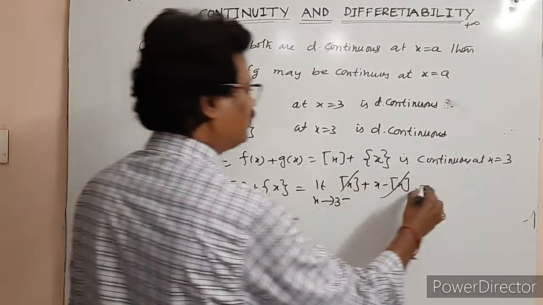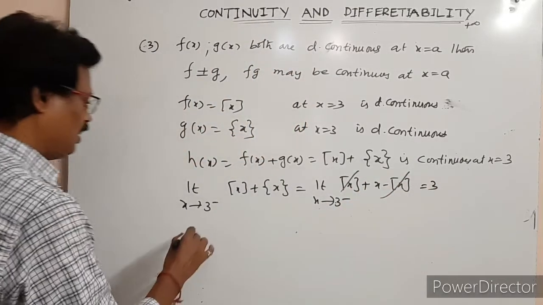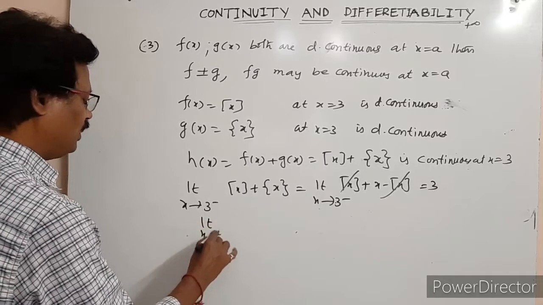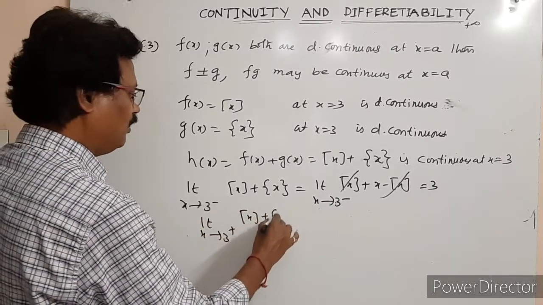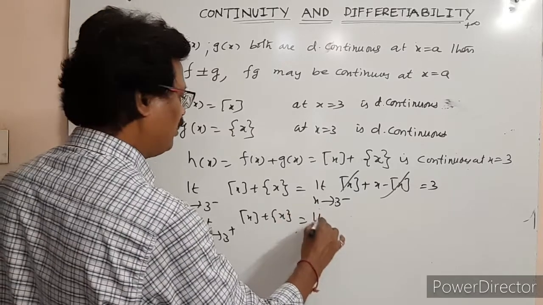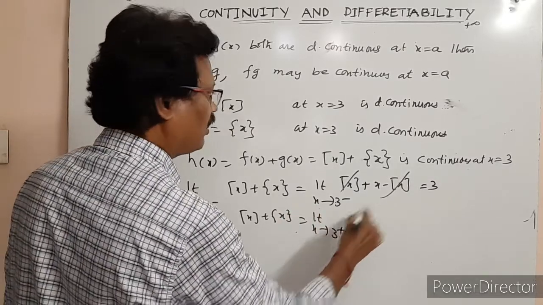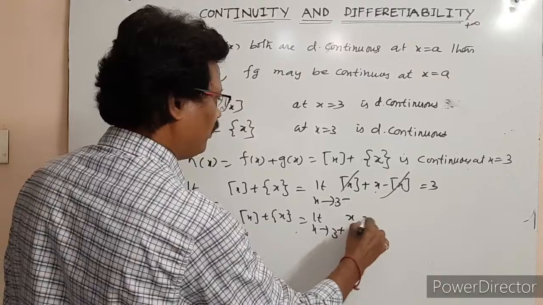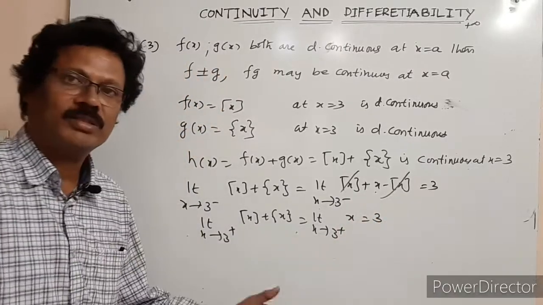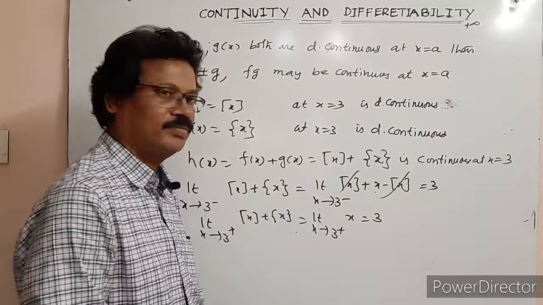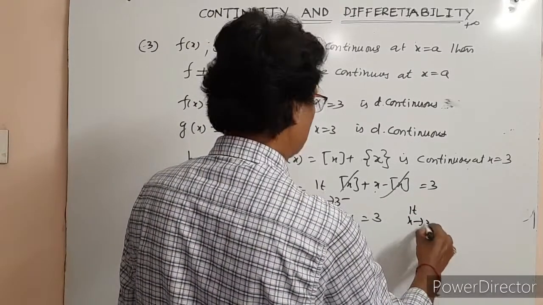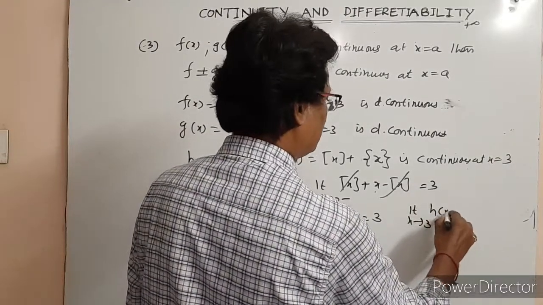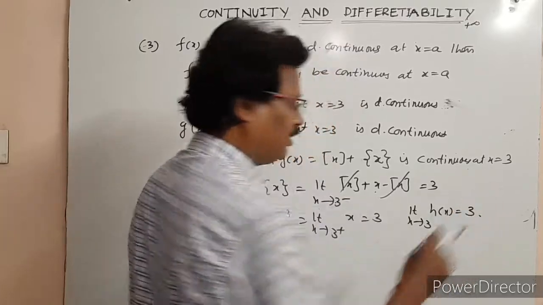Therefore, we got x only; putting x equal to 3, that will be 3. In the same way, limit x tending to 3 plus of step x plus fractional part of x gives x only. Therefore, the right limit is 3, the left limit is also 3, therefore the limit exists.